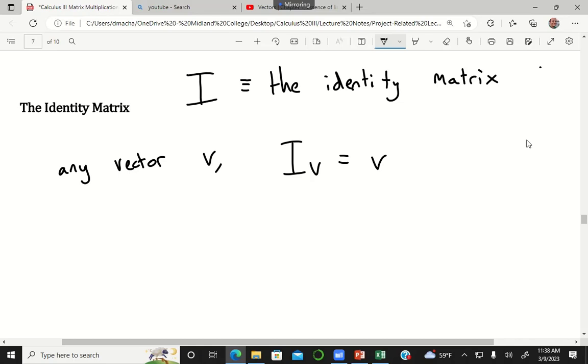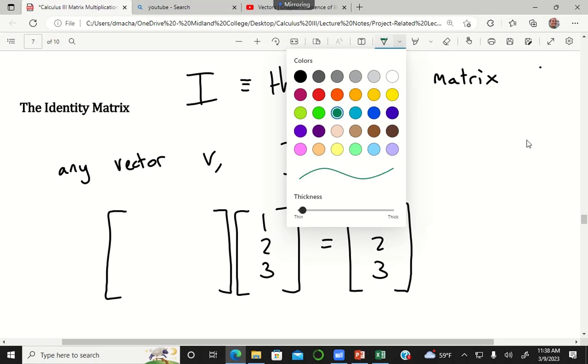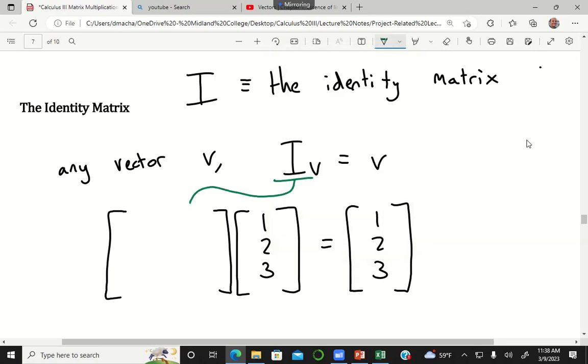And it doesn't matter what v is. So just as an example, v could be the vector 1, 2, 3, and multiplying by the identity matrix should give me back the vector 1, 2, 3. So who can tell me what this identity matrix is?